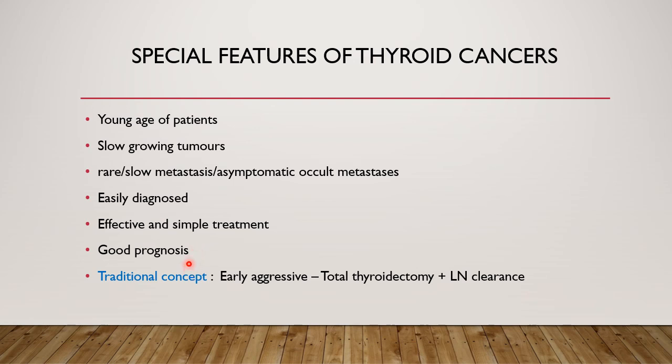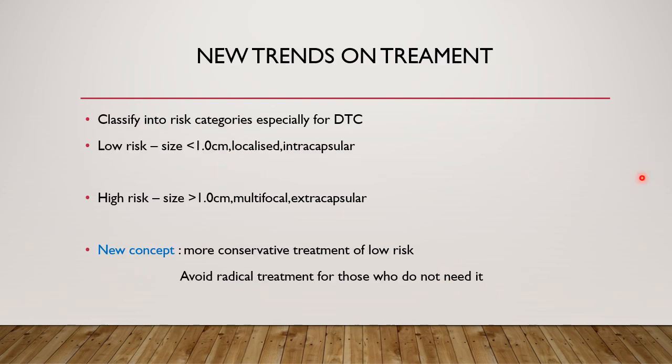So considering all these factors, the traditional concept was early aggressive treatment for all thyroid cancers with total thyroidectomy and cervical lymph node clearance. However, of late there have been some new trends in the treatment of thyroid cancers.